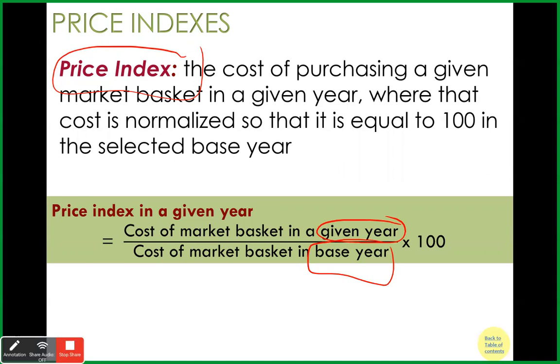So essentially we are just comparing the cost of the market basket at a different year or different time, or you can even compare different weeks. And here we multiply by 100, which is for normalization. We don't like decimals, basically. That's how it is. It just simplifies the representation.